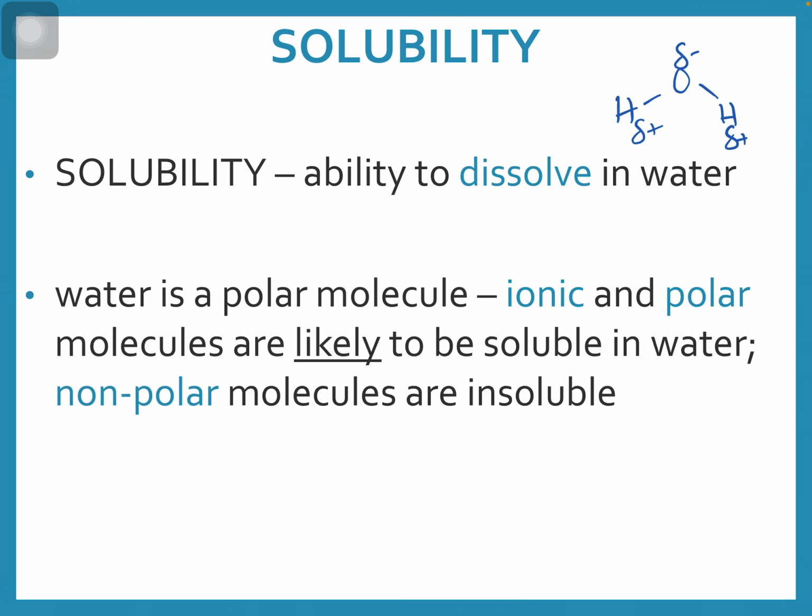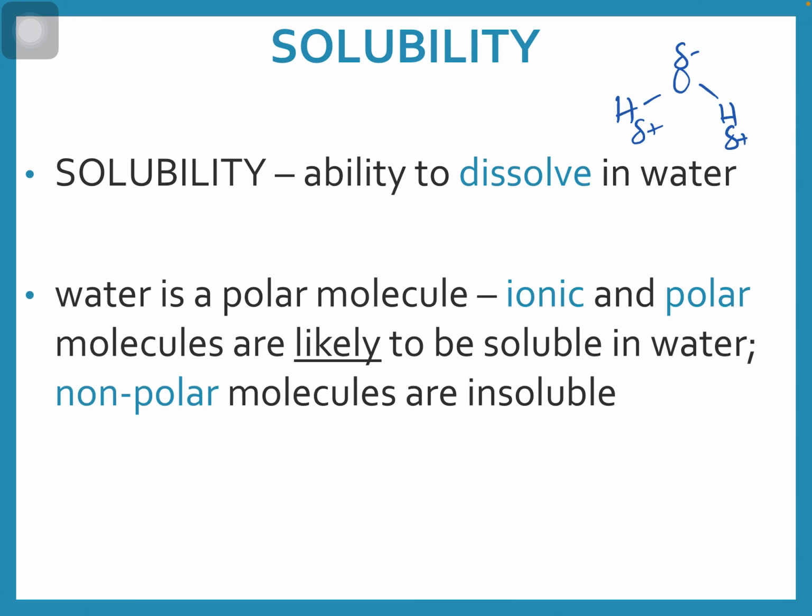So because water is polar, both ionic and polar substances are likely to be soluble, or to dissolve, in water. And it is the polar nature, so those slightly positive, slightly negative sides of water that are created, that allow other ionic and polar substances to dissolve in water. Non-polar substances are insoluble in water, so they are not going to dissolve.